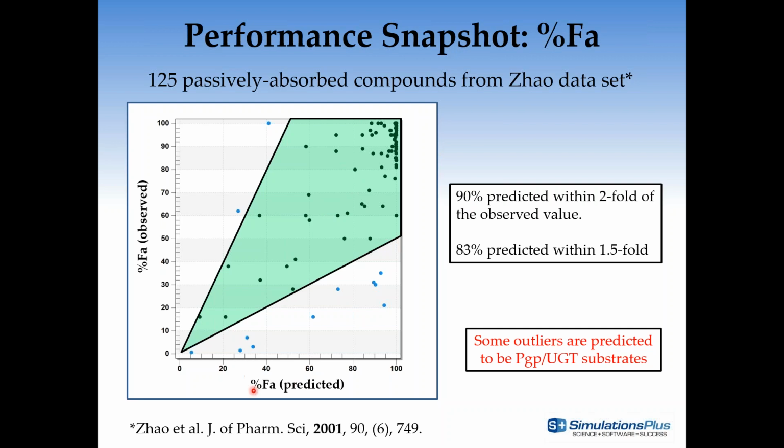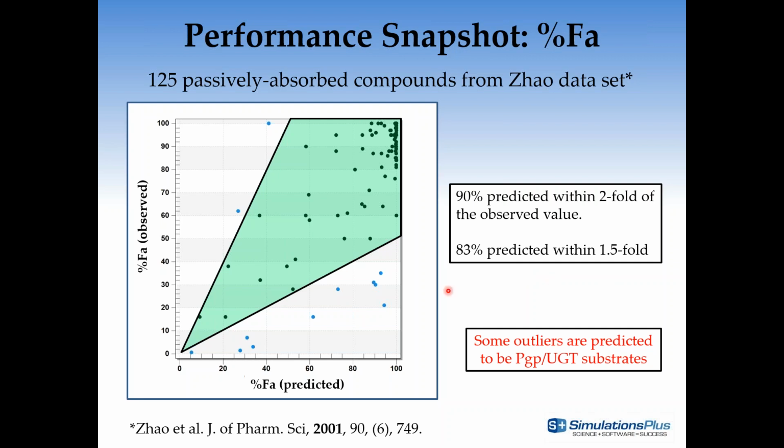Again, this is showing the predicted fraction absorbed from the HTPK module versus the actual observed fraction absorbed for these compounds. We're looking at roughly 90% of the compounds predicted within twofold of the observed value, and roughly 83% predicted within 1.5-fold.